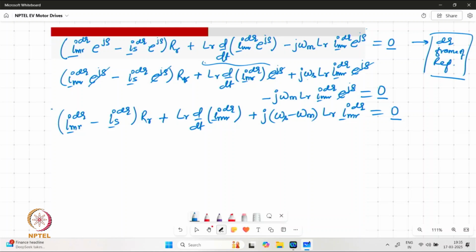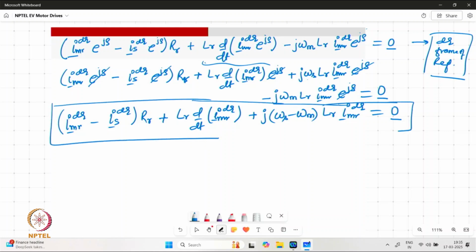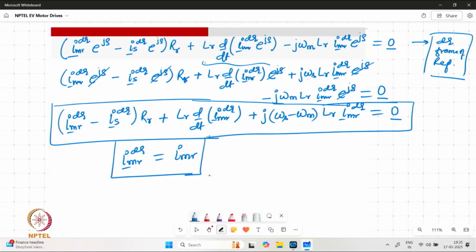So as indicated in this equation, we have IMR which is written in the DQ frame of reference. There it is actually aligned along the d axis having magnitude IMR, which is once again defined by us. So we need to figure out what is the value of IMR. That will be the task to be done.